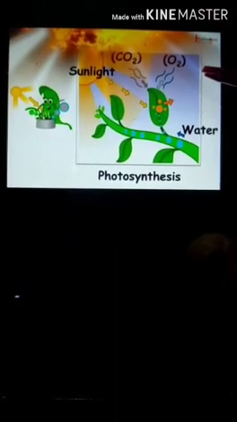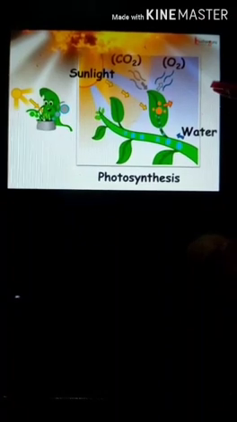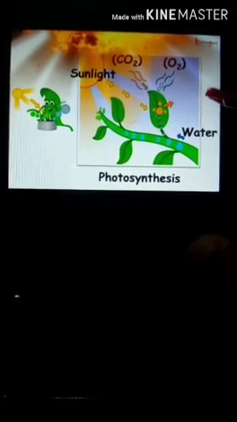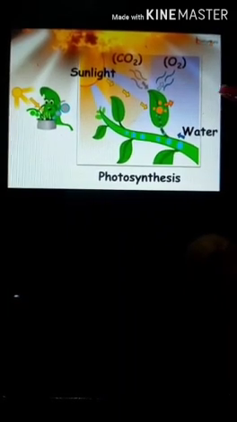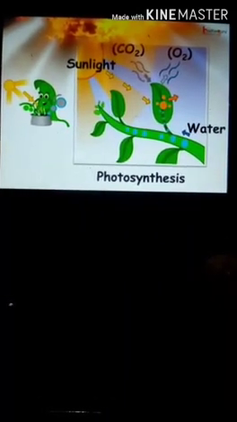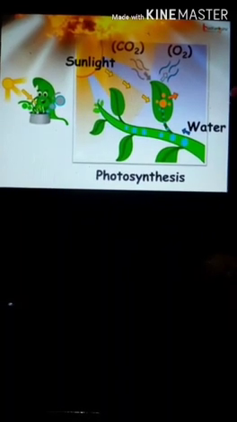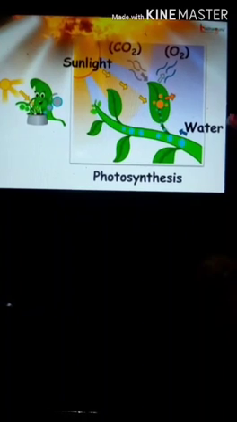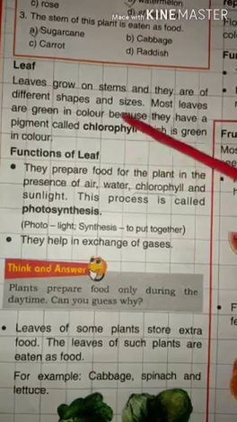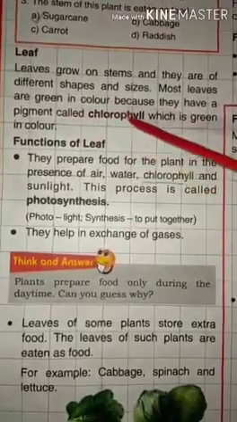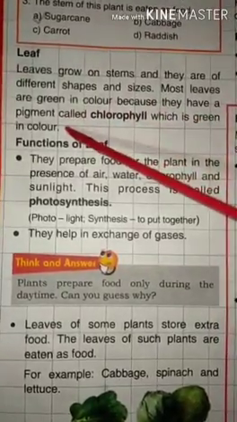Let us see how plants prepare their food with the help of green chlorophyll pigment. Plants use carbon dioxide, that is CO2, from the air, in the presence of sunlight along with water. So in leaves, a green pigment called chlorophyll, which is green in color.